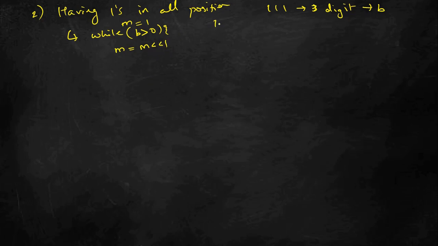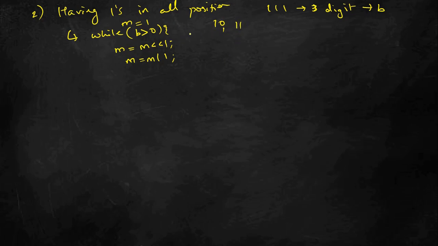So if it is 1, I am left shifting it, so now it becomes 1 0, and then I can do m equal to m or 1. Okay. So when I am ORing it with 1, 1 0 OR 1 will become 1 1.